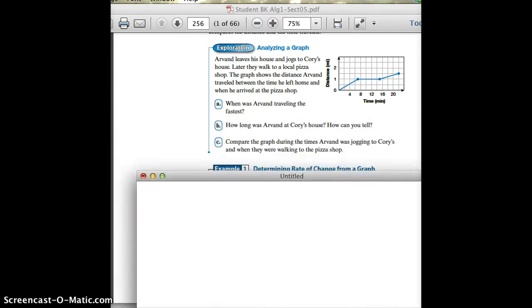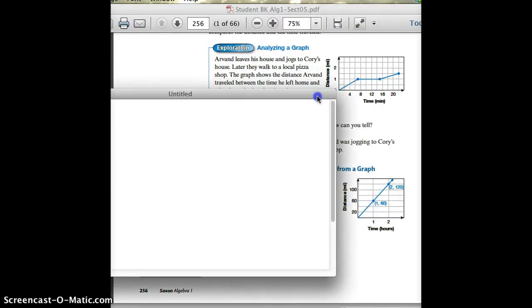Each point has 2 coordinates, so we have one at 1, 60, and the other one at 2, 120. So what you do is 120 minus 60.